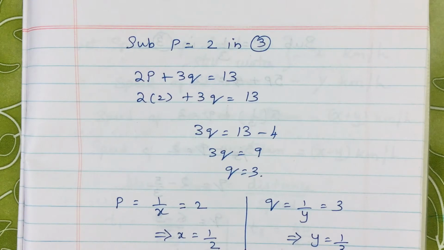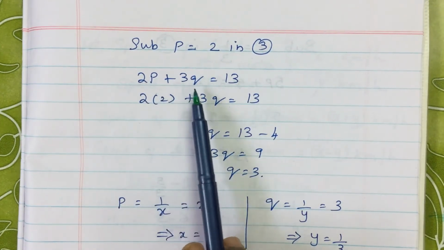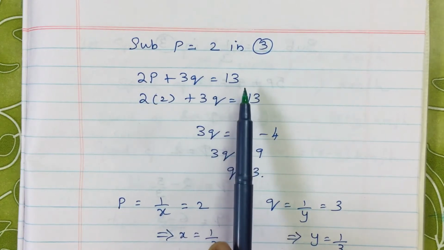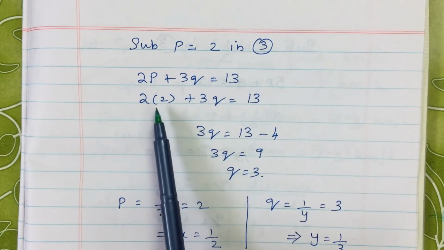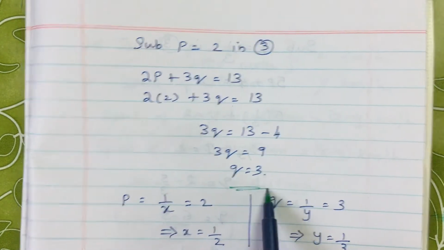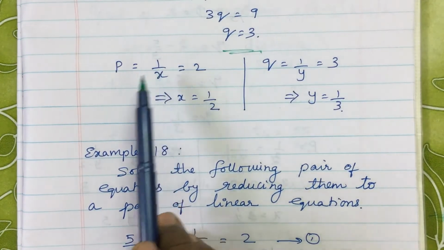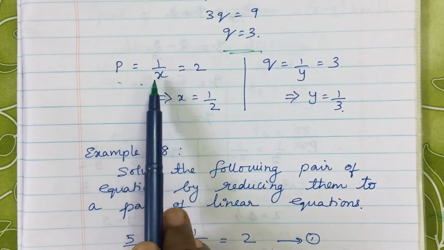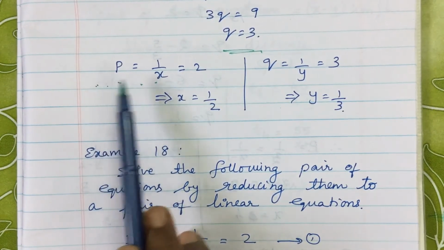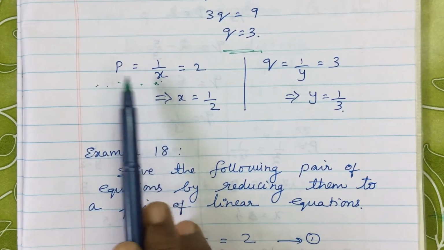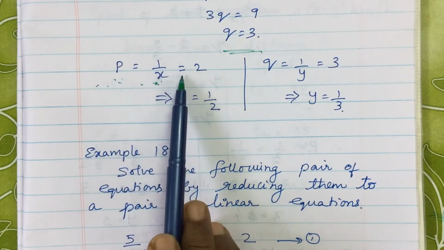Similarly, substitute p equal to 2 in equation 3. So 2p plus 3q equal to 13 is equation 3. After substituting, I am getting q as 3, right? So now what do you do as a final step? We have assumed p for what? 1 by x we have taken as p, but what you got for p?